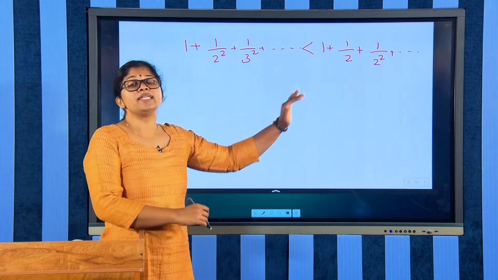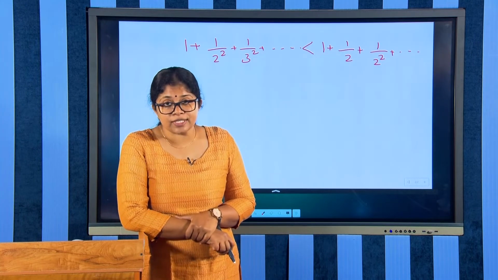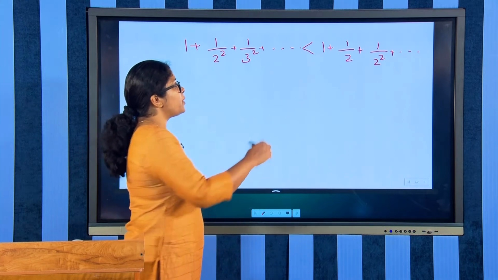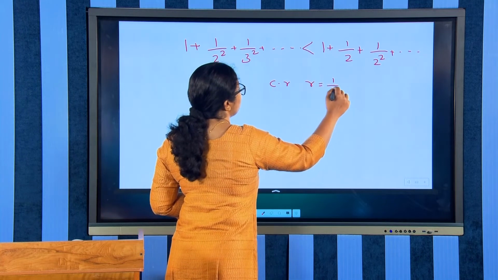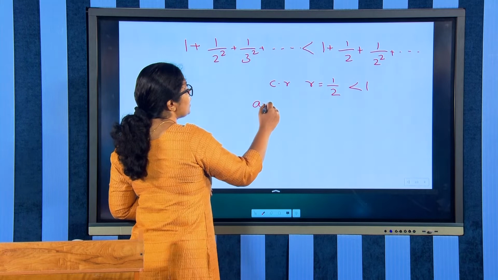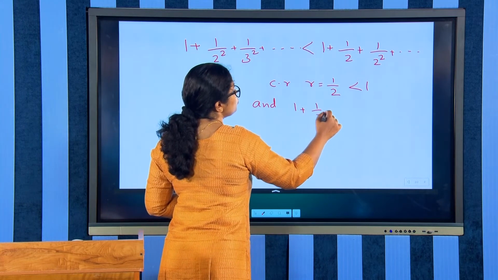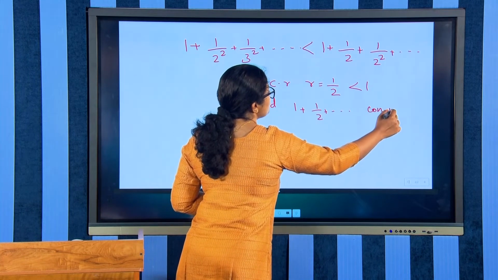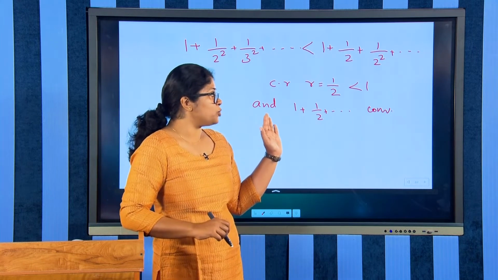Now look at the right side series. That is a very famous series, the geometric series we have already discussed in the previous class. Geometric series with common ratio r equal to 1 by 2, which is less than 1, and we have seen in the last class that this series 1 plus 1 by 2 plus etc. converges to a finite value which is exactly equal to 1 by 1 minus 1 by 2, that is 2.